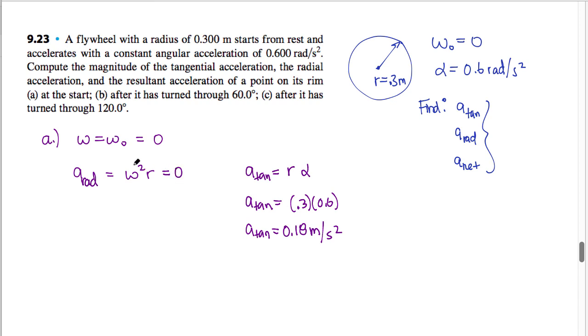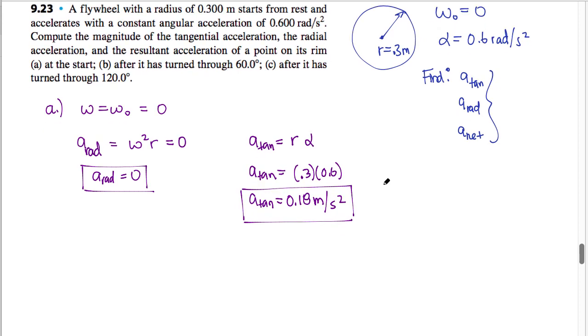So I have a 0 radial acceleration, and I have a tangential acceleration of 0.18 meters per second squared. And so my net acceleration is just going to be, I'll write this over here, a net is going to be a tangential squared plus a radial squared, all square rooted.